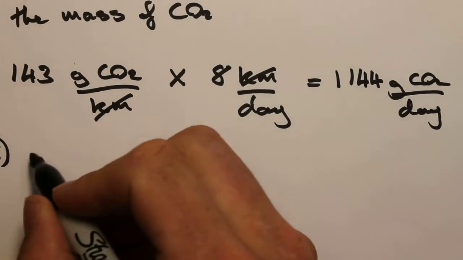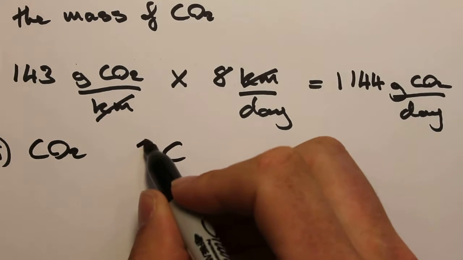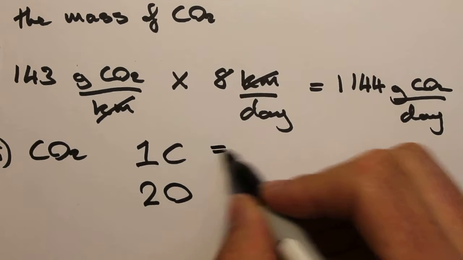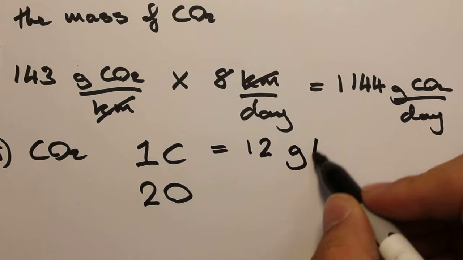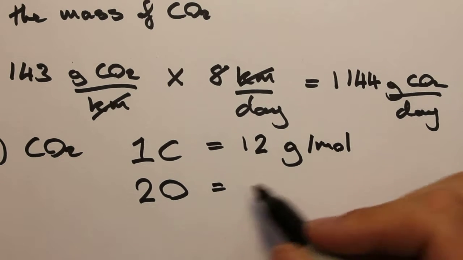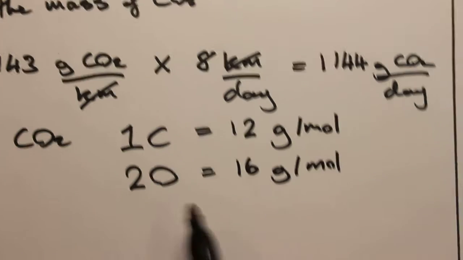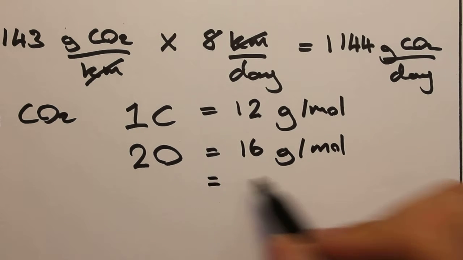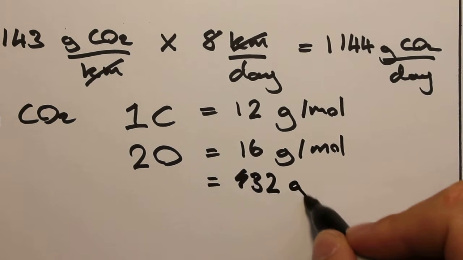A molecule of CO2 is made up of 1 carbon and 2 oxygens. Carbon has a molecular weight of 12 grams per mole, and oxygen has 16 grams per mole. We've got 2 oxygens, so this is 16 multiplied by 2, which is 32 grams per mole.